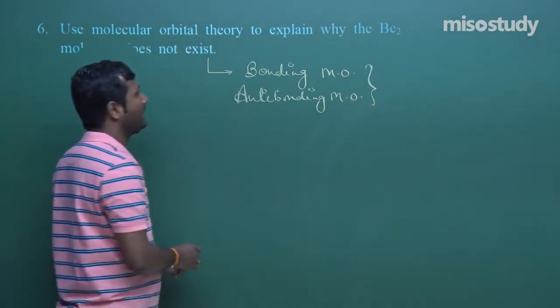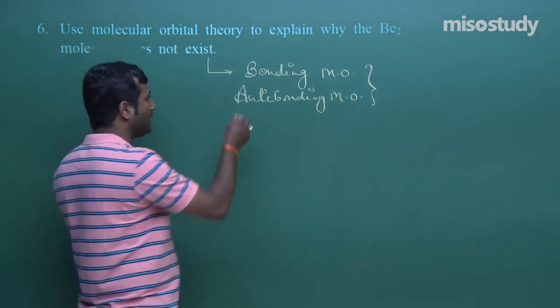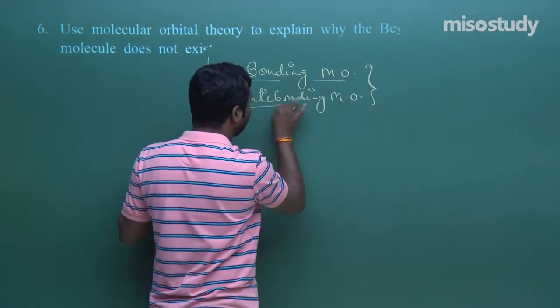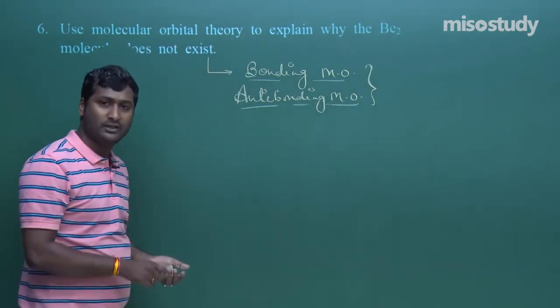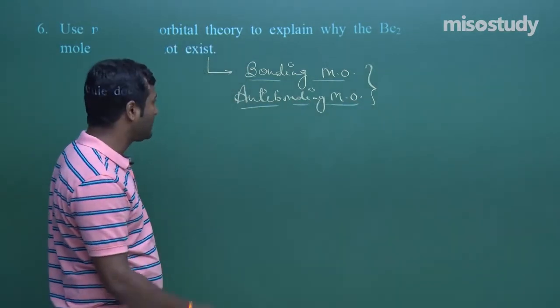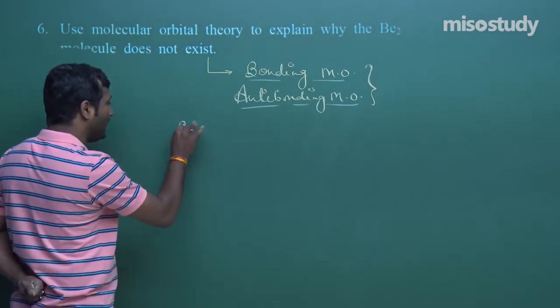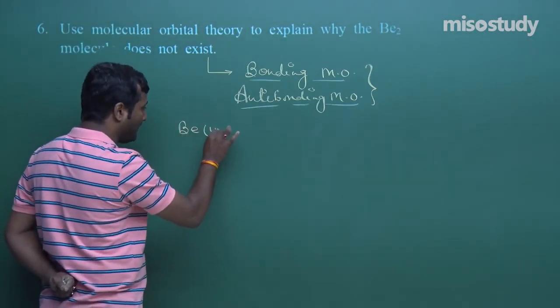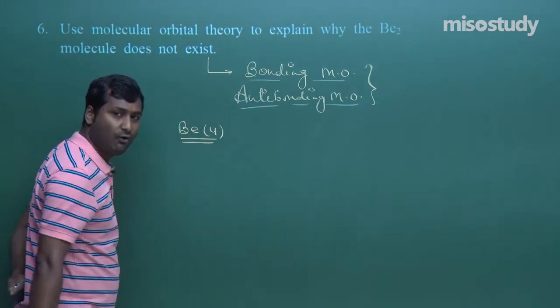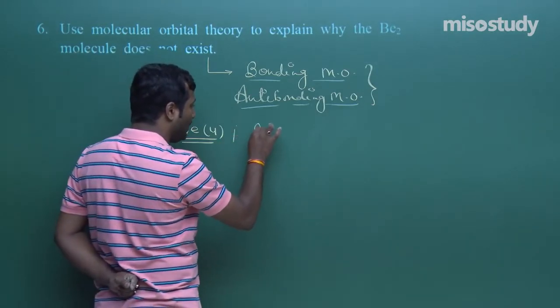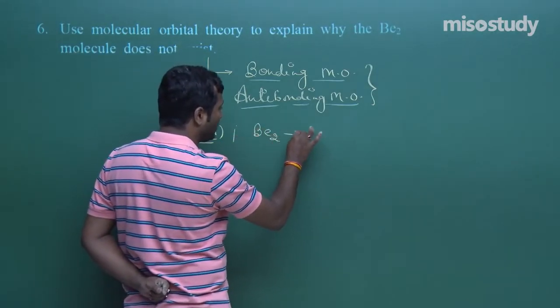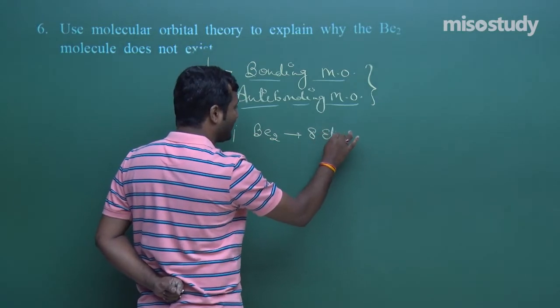Again I am repeating, bonding molecular orbital and anti-bonding molecular orbital. Now what will happen? Check it out. Be2, as we know, beryllium has atomic number 4, so Be2 will contain a total of 8 electrons.